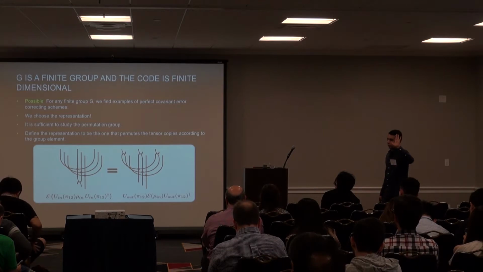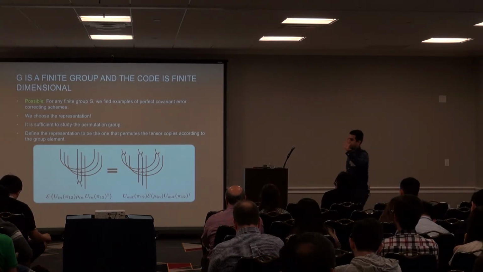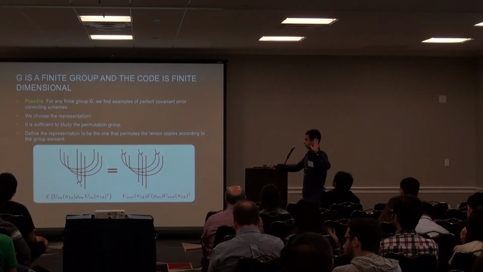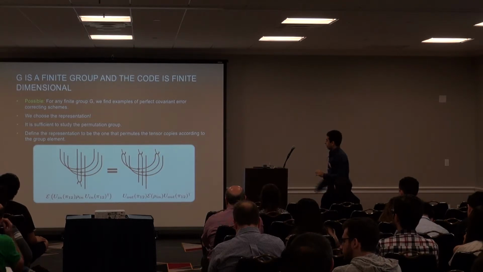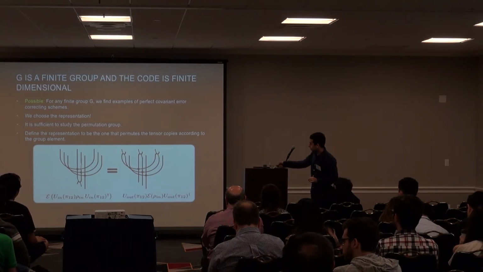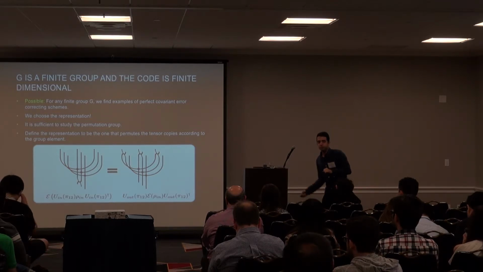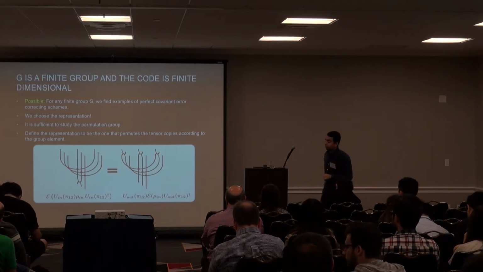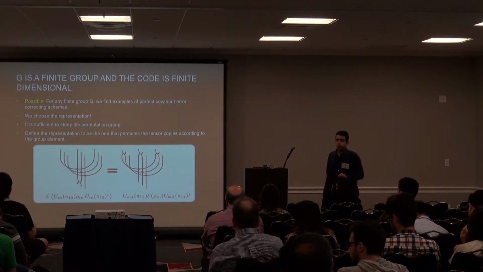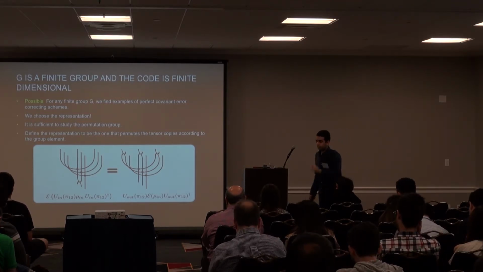If I have a permutation group on n elements, I put n replicas of this code, so I have a tensor product of n codes. Here, I have a tensor product of 3 of these codes, because I'm talking about just S3, the permutation group on 3 elements. And I define the action of the group to be the one that permutes these different replicas.